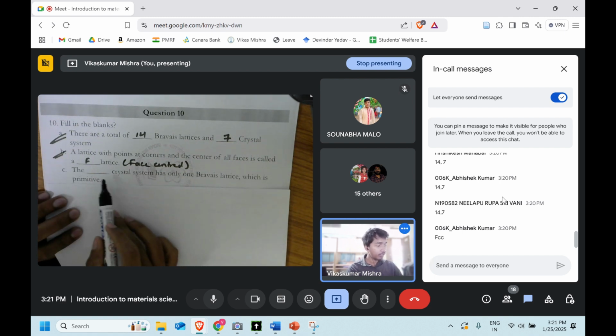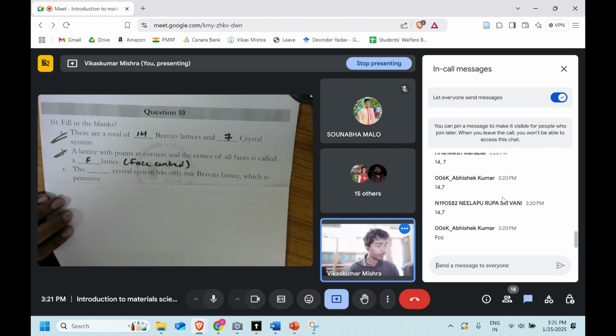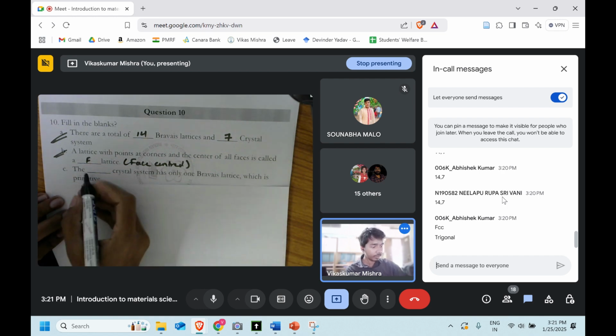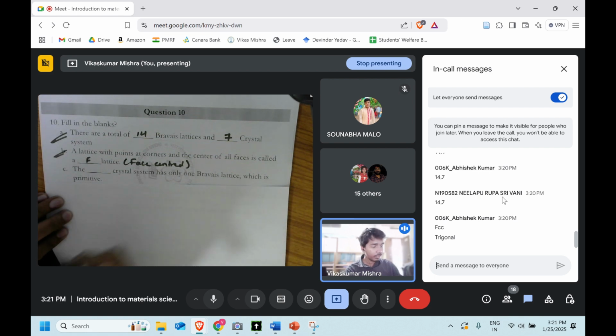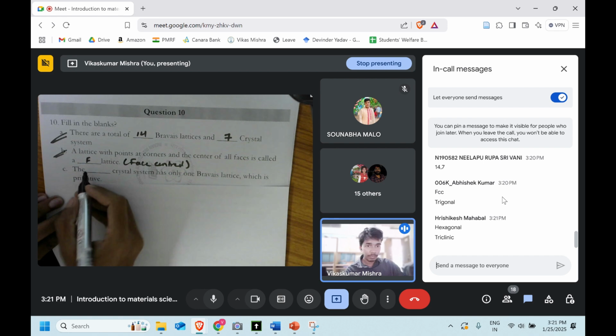The dash crystal system has only one Bravais lattice, which is primitive. Now, what will be the answer? Yeah, trigonal. But is there any other? Trigonal is there. Yeah, hexagonal is also there. So we are having the trigonal and hexagonal.